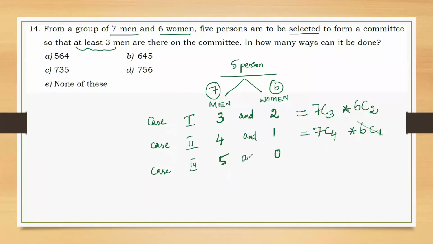Similarly, all 5 from the men's side: 7C5 and 6C0.